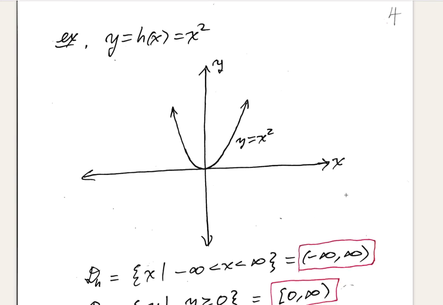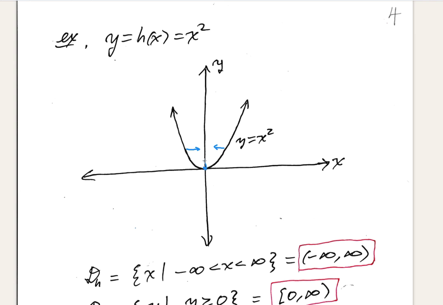Let's maybe do the range first on this one. You would take all the points that lie on y equals x squared, and you're going to project every single point onto the y-axis. This point is already on the y-axis. It's also on the x-axis, but that projects right onto itself.